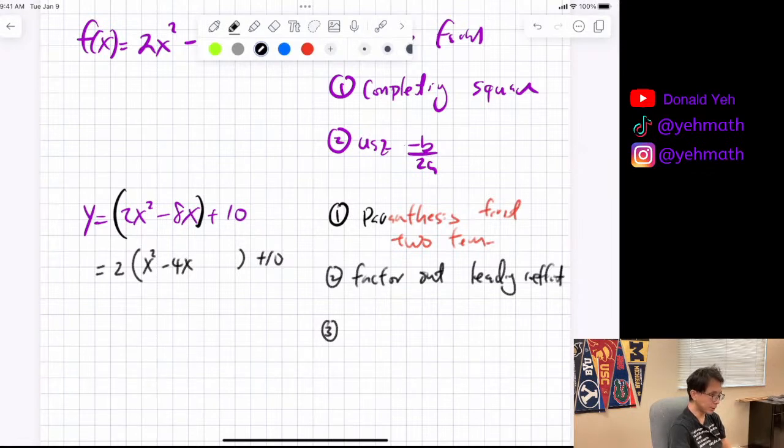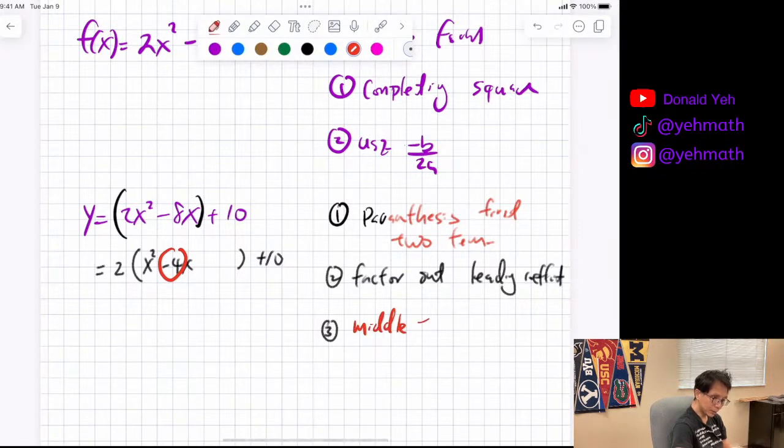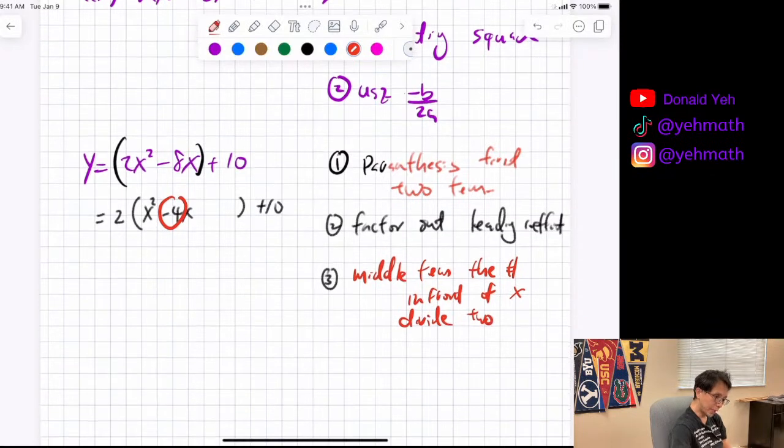So to complete the square, take this middle term here, the number in front of x, divided by 2, and square it.